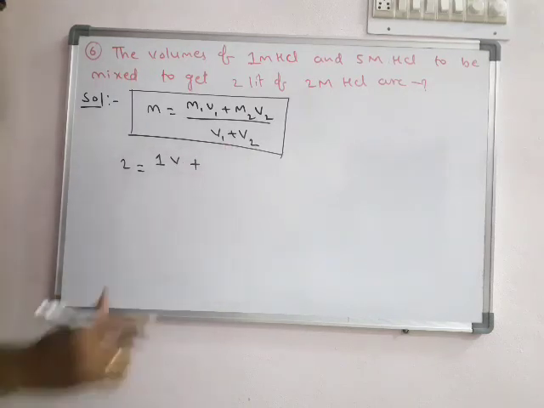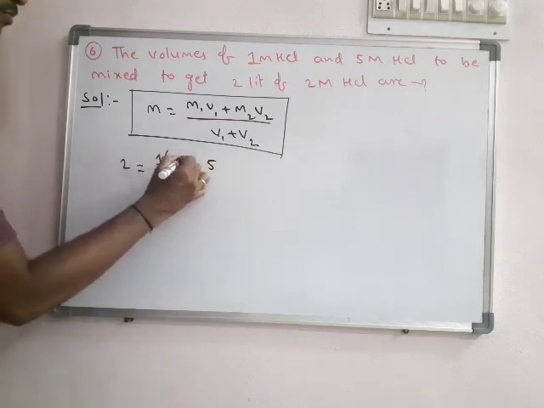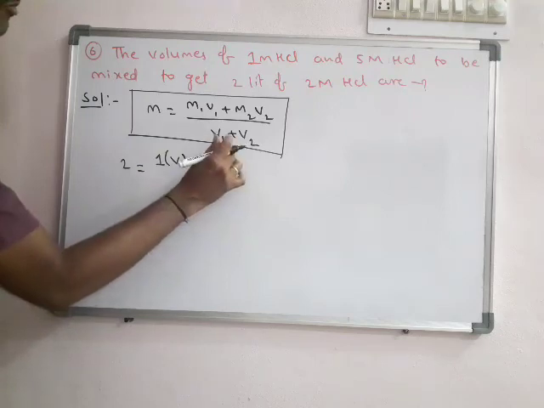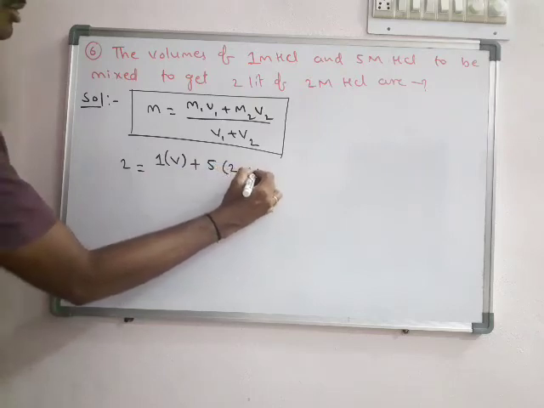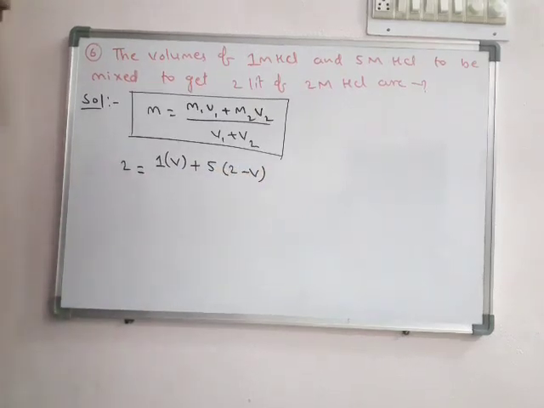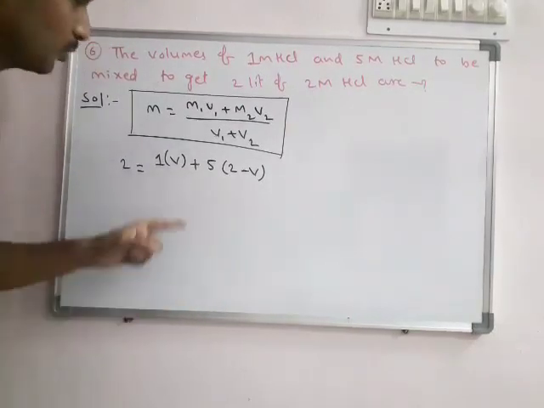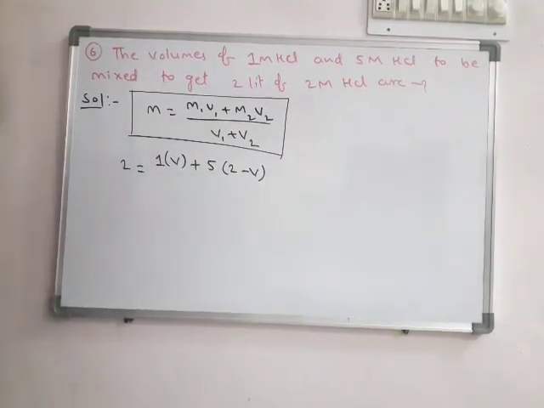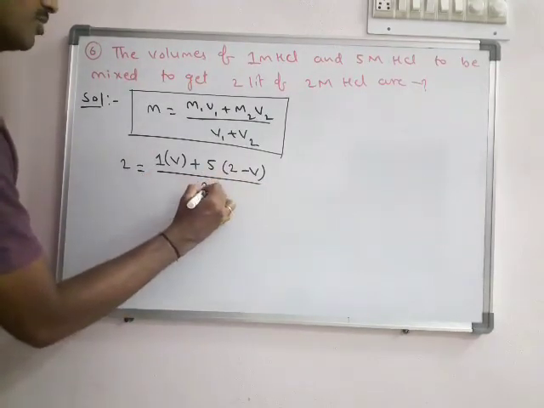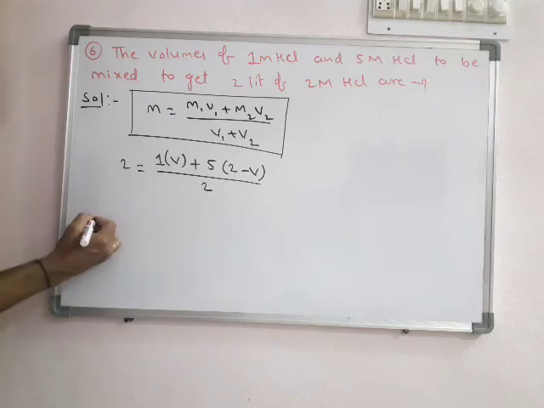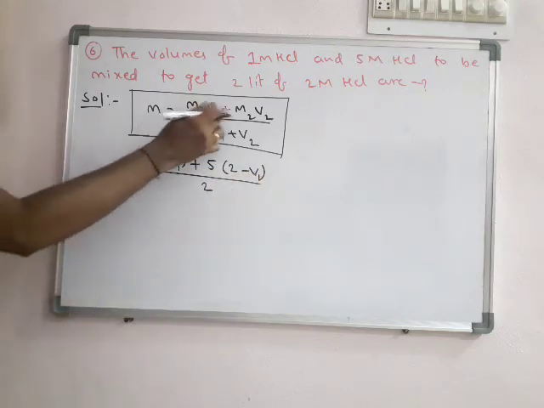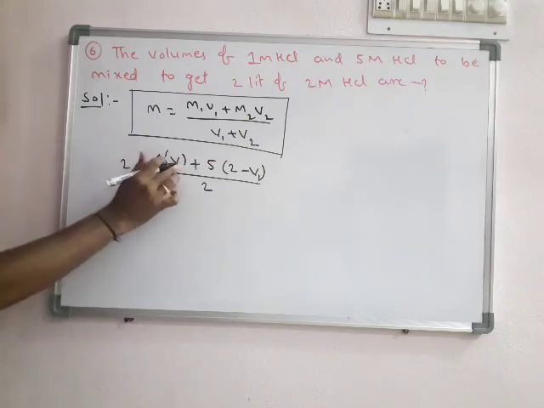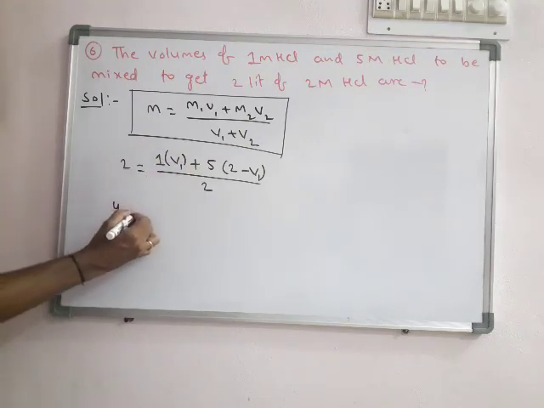Second molarity is 5 M, given as 5, into its volume. Total is 2 liter, so if this volume is V, the remaining volume is 2 minus V. When we add the two we must get 2 liter finally. So let us call this V1, and this is 2 minus V1, by V1 + V2 equal to 2.